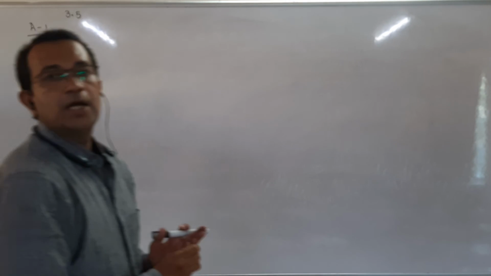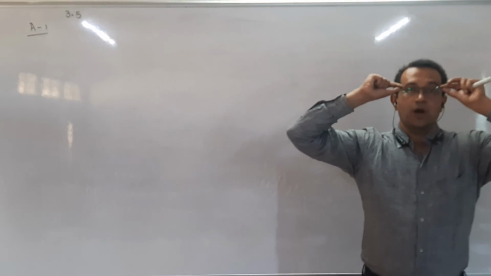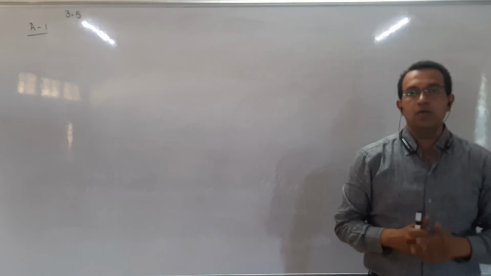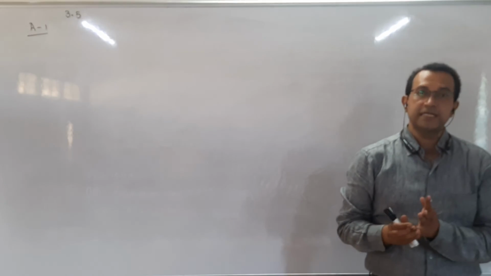Now, students, pay attention. I am again reiterating, word problems will always be based on the figure. Two trees A and B are on the same side of a river.